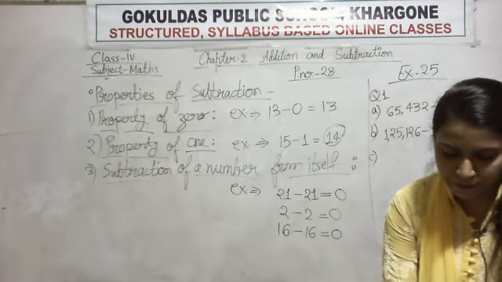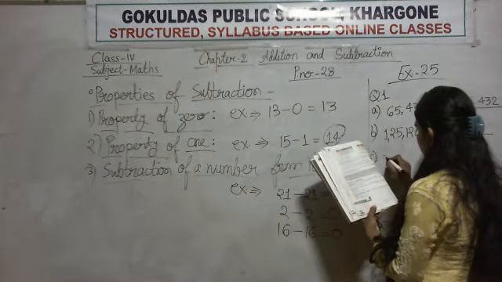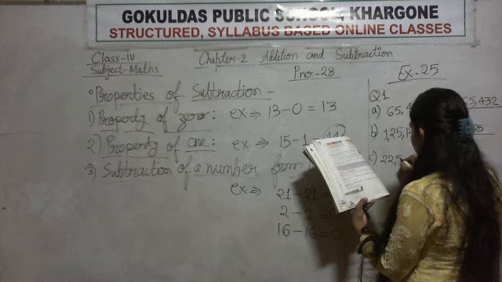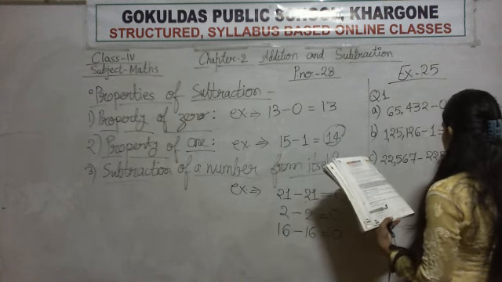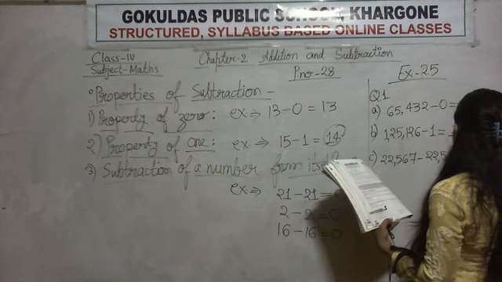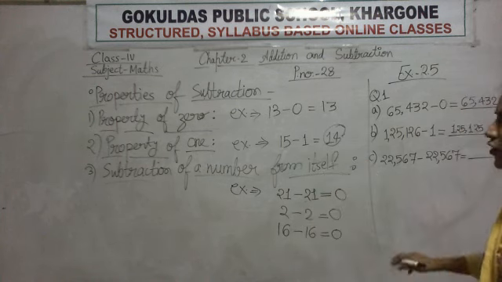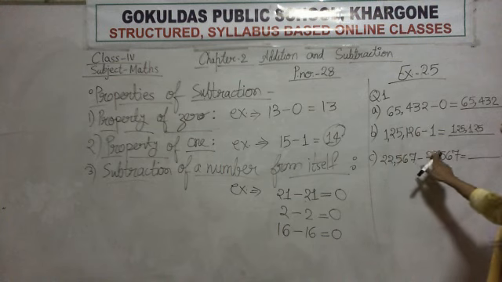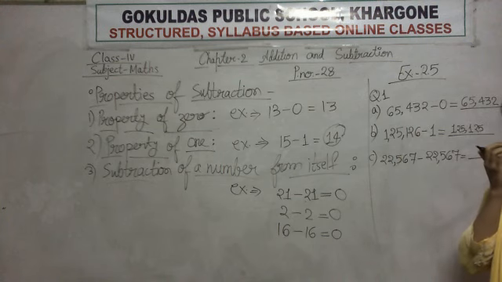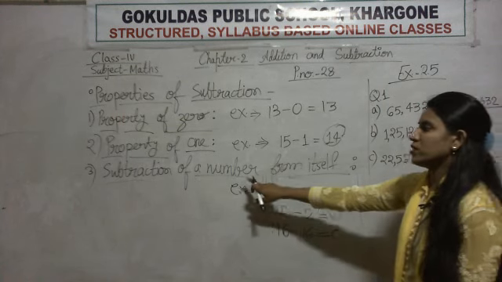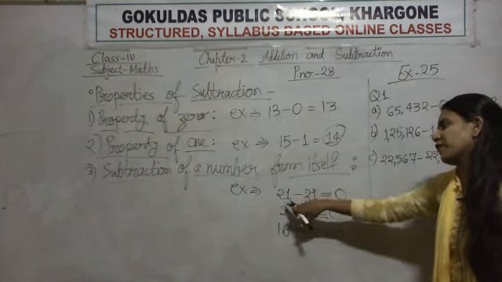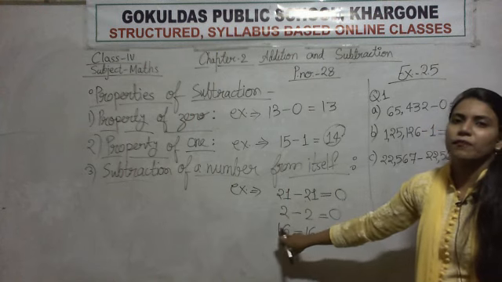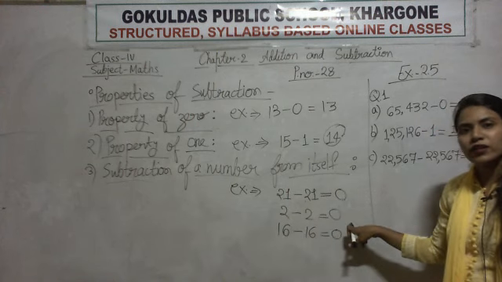Next part, 22,567 minus 22,567. Now tell me what will be your answer. You are subtracting a number from itself. When you subtract 2 from 2, you get 0.